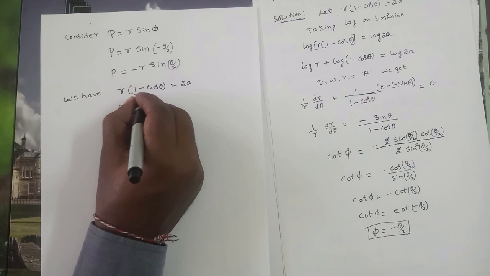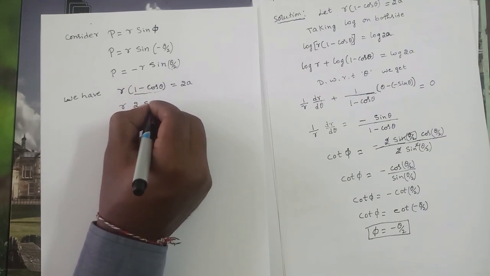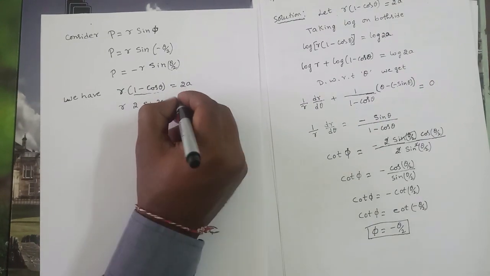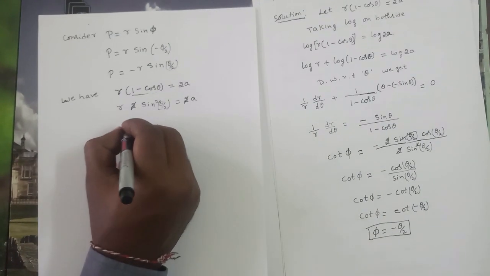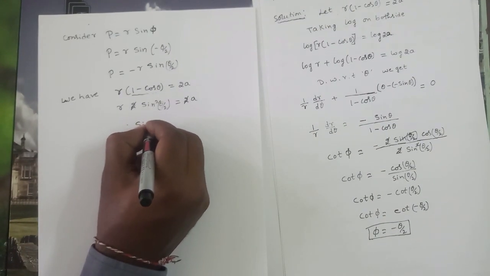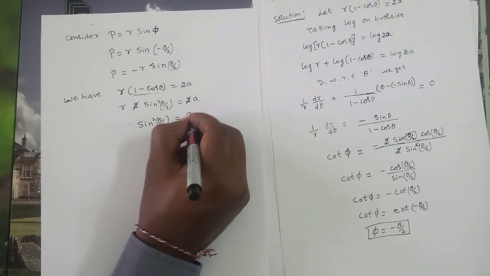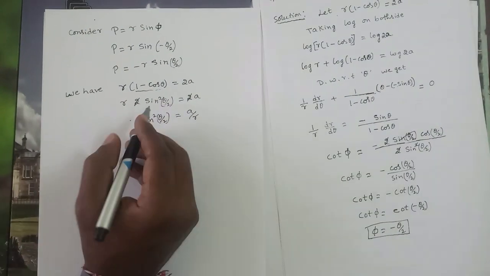So r into, this can be written as 2 sin square theta by 2, is equal to 2a. So 2 will get cancelled, and we get sin square theta by 2 equals a by r. I transfer this r to the right hand side.